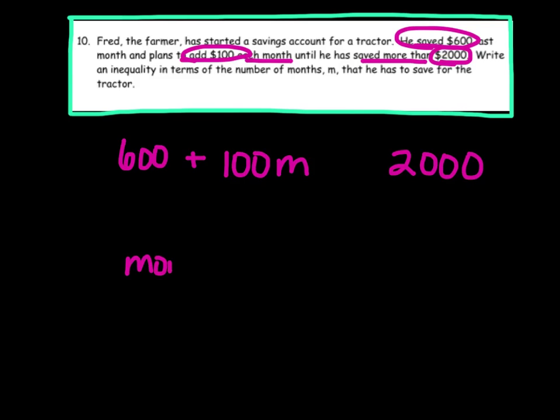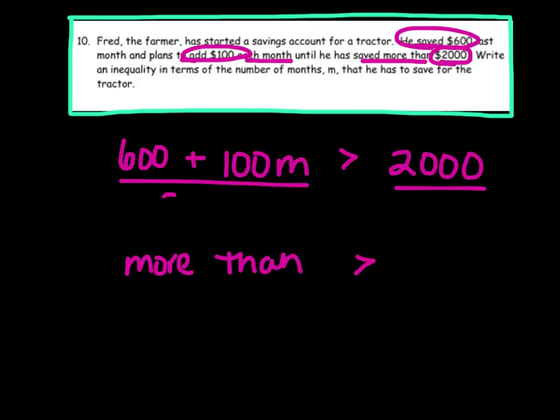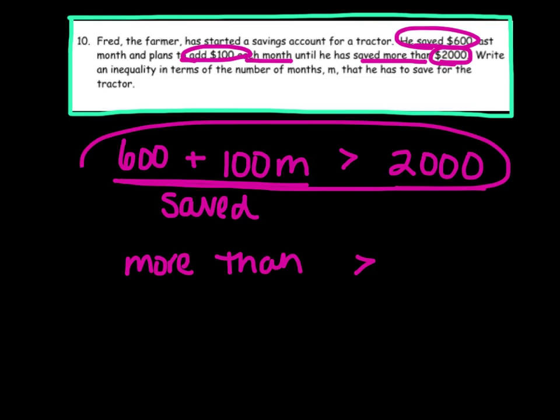So more than is our inequality sign, and more than means that I want it to be greater than 2,000. So greater than, this is the amount that he's saved versus that $2,000. So this amount has to be greater than 2,000. So this would be how I write my inequality for this problem. And we could solve it from here, but we're just going to stop at this point.